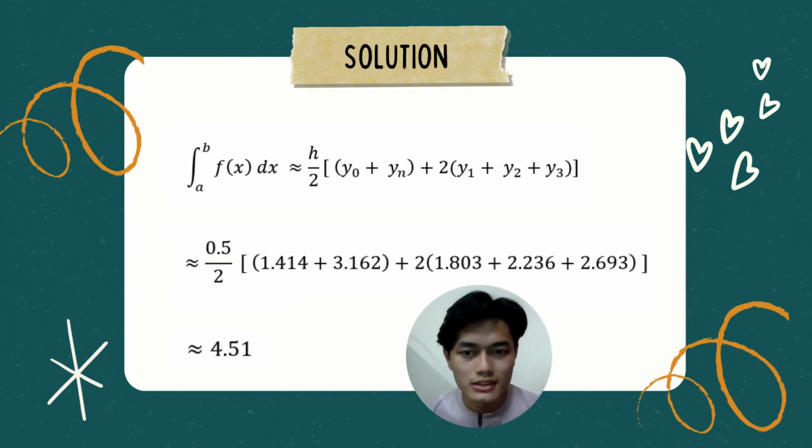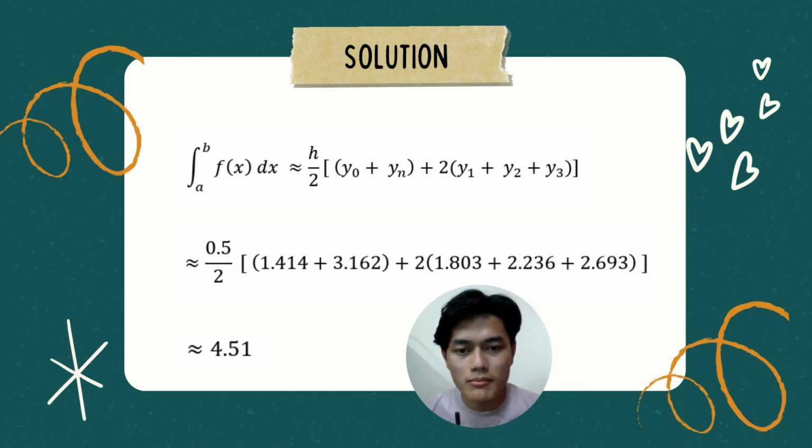For the solution, this is the general formula for the trapezoidal rule: the integral from a to b of f(x) dx equals h over 2 multiplied by (y0 plus yn, which is y4, plus 2 multiplied by (y1 plus y2 plus y3)).